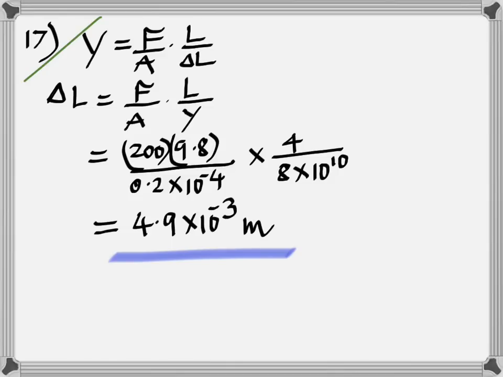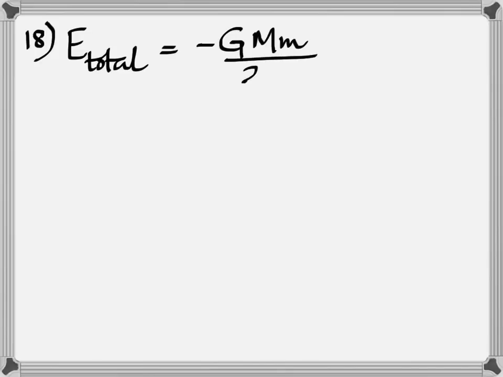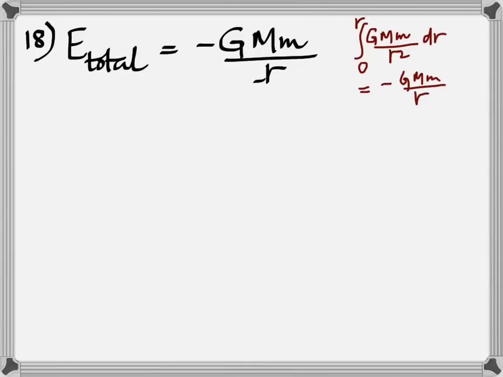That gives the increase in length. 18, the satellite is orbiting at 100 kilometers. That is the formula for total energy. Just trying to show how that was obtained on the right side.